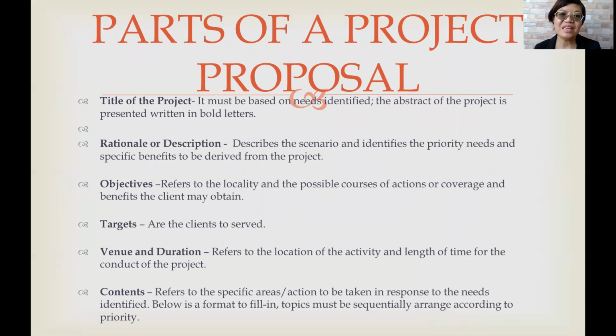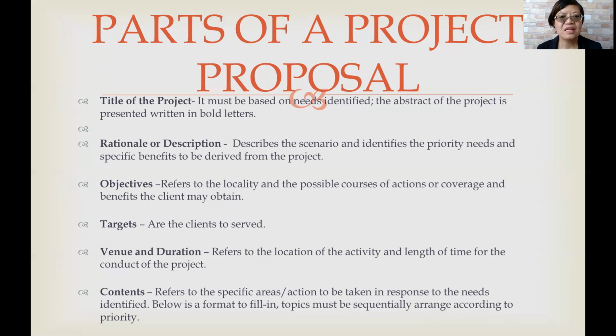But the ideal title should include the local, meaning the place where it will be implemented. So you would say, Awareness on the COVID-19 Vaccination in Barangay Babuyan, Santa Cruz, Zambales. Okay, that's a good title. It's a complete title, no?